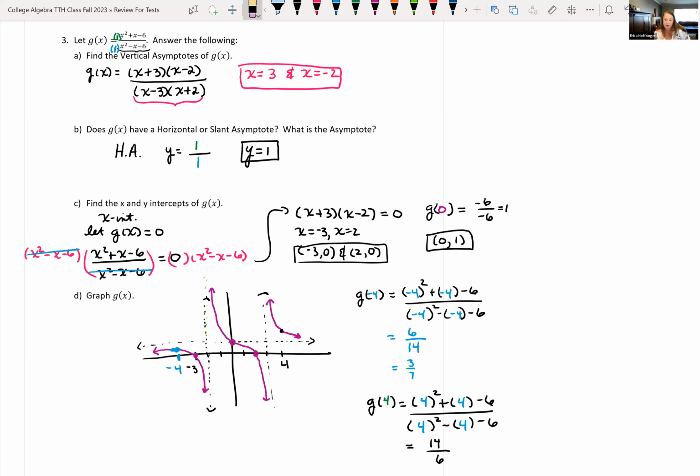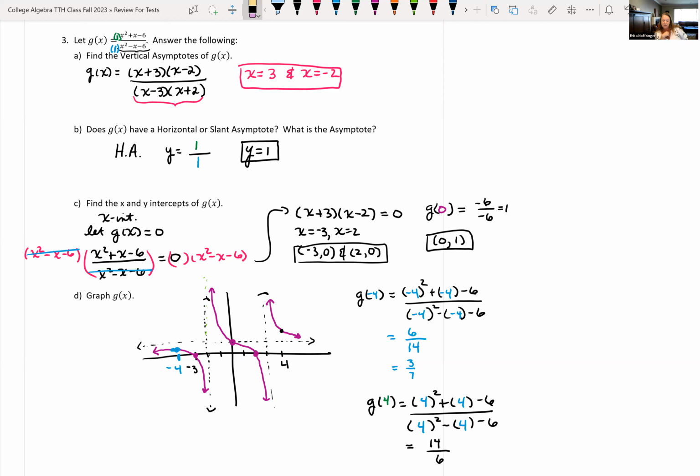So we can never cross the vertical asymptote. We can cross a horizontal asymptote, and in this graph you can see that our y-intercept 0, 1 was touching our horizontal asymptote y equals 1. So we are allowed to cross a horizontal asymptote.